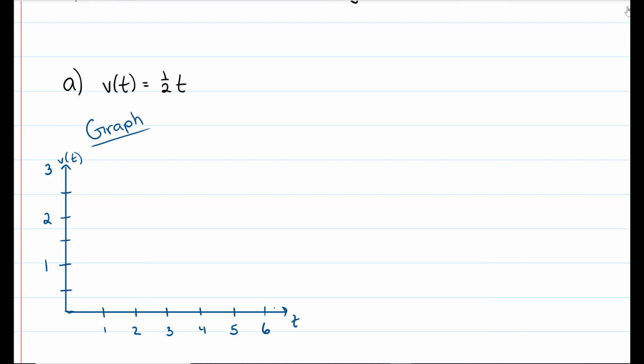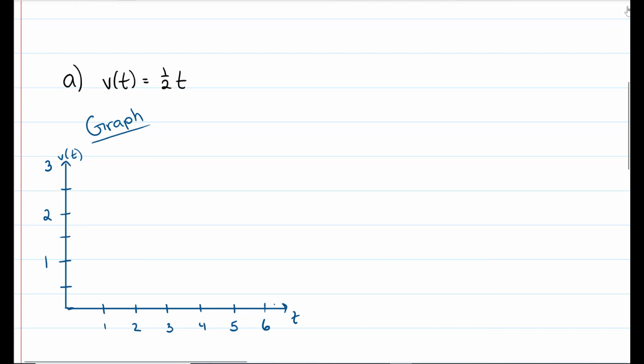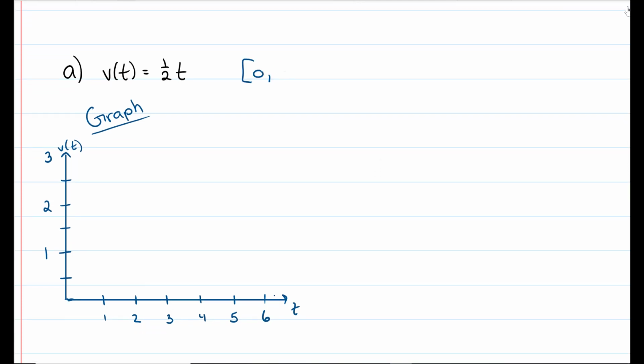So we want to graph. Since this is a line, 0 to 6, I'm going to plot the points (0, 0) and (6, 3), and I'm going to connect those with a line.